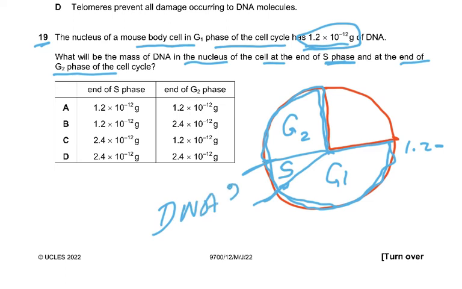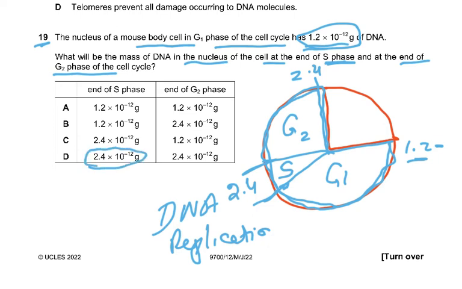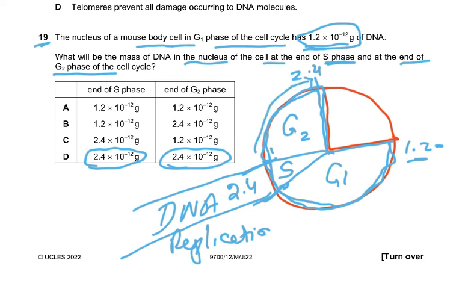So the 1.2 is going to become 2.4 because this is when the DNA replication is taking place. And it will remain the same here. So the end of S phase will be 2.4, and at the end of G2 phase, it will also be 2.4. Why? Because DNA replicates only once. This is the S phase in which it replicates, so it will stay 2.4 till this point. And then, of course, mitosis will take place and all that will happen. So that's why the answer is D.